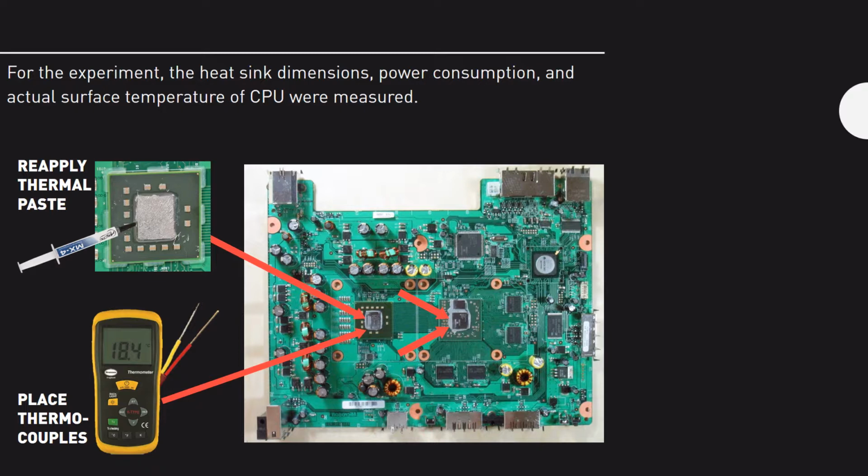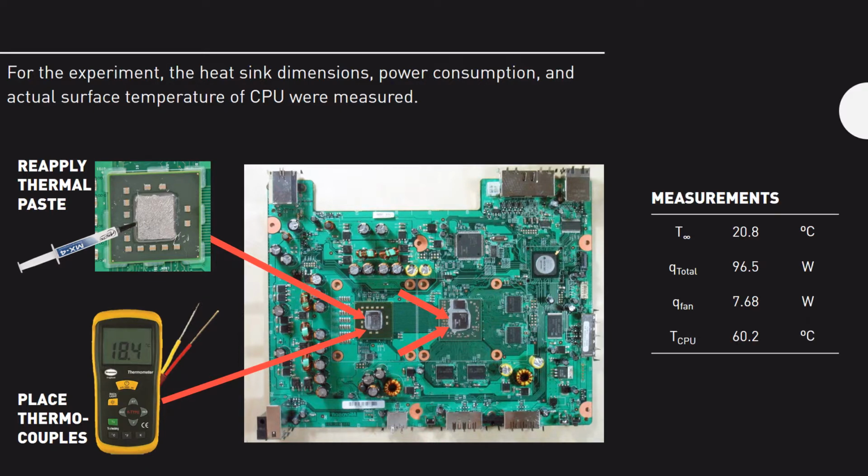We were careful to just place it on the corner as to not interfere with the heat transfer between the CPU and the heatsink. We were able to run a successful experiment and got results that seemed more than reasonable.